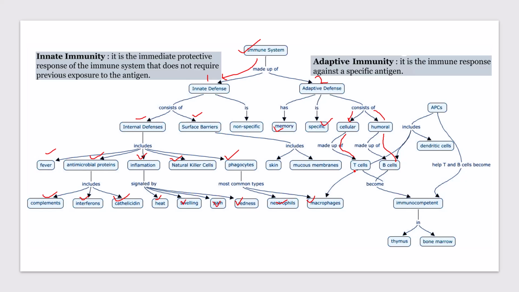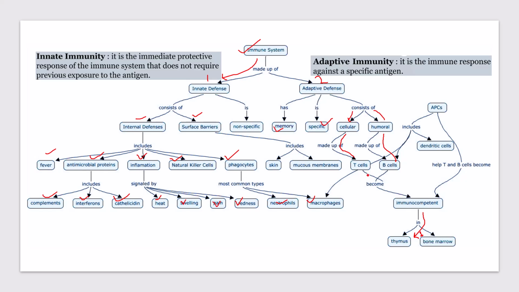Cellular is made up of T cells, and T cells become immunocompetent in the thymus and bone marrow itself. So they are generated in bone marrow, but they travel through blood to the thymus and get matured there. Fine, they become immunocompetent, and T cell clonal selection also happens in the thymus only. So the maturity happens in the thymus area.